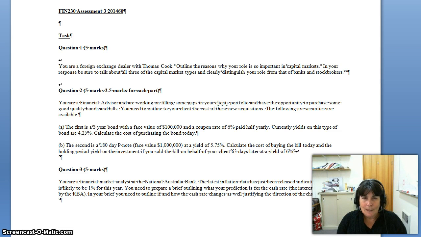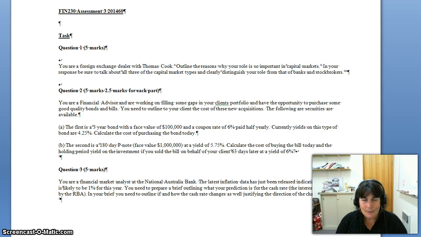In question 1, we're posing a little scenario that you're a foreign exchange dealer. And really what this question is focusing on is not foreign exchange markets, which we've yet to study, but really the stuff that we covered in topic 1, where we talked about intermediated and direct financing, the role of brokers and dealers in those markets, and the different types of direct financing that you could have.